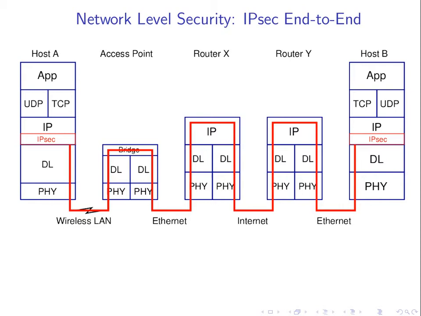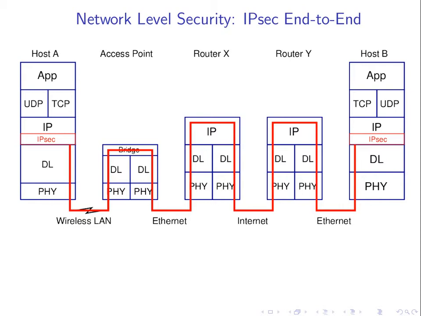So when host A sends an IP packet and it eventually arrives at router X, why did it arrive at router X? Because the destination IP address in that header says B, and using the routing tables it knows to send to X. And then X has this IP packet.